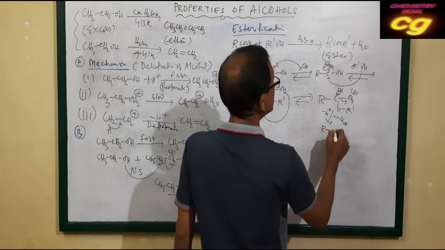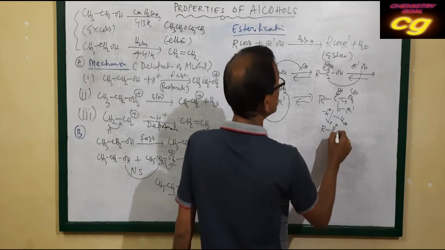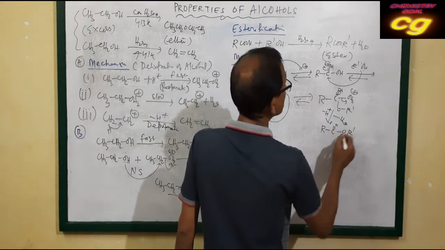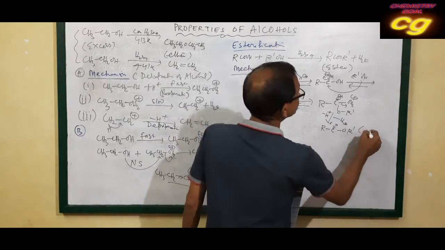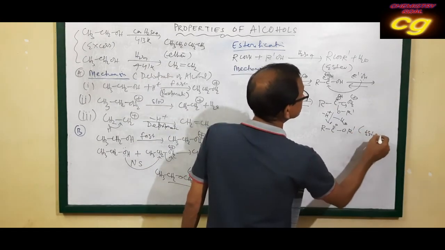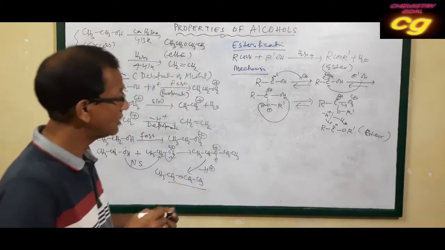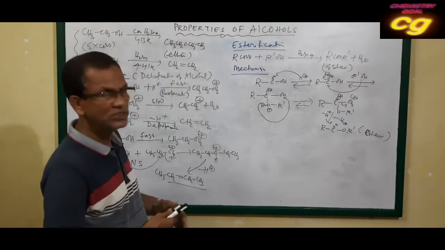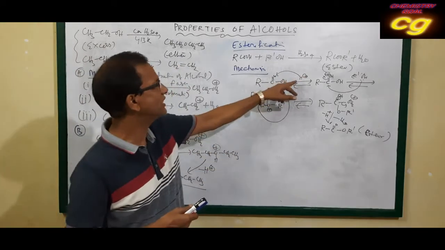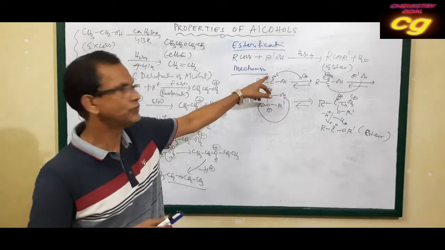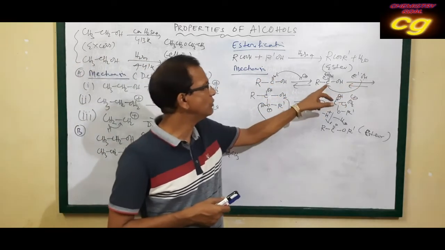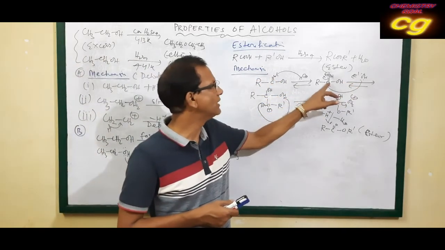R, C double bond O, then O, R'. This is ester. Ester is formed. So first is protonation of the keto group, then the attack, which is a nucleophilic addition reaction.